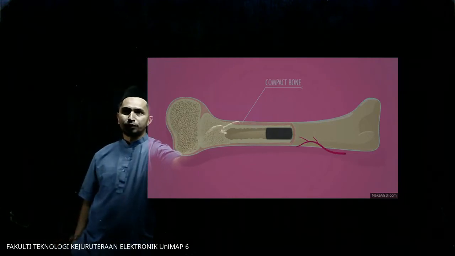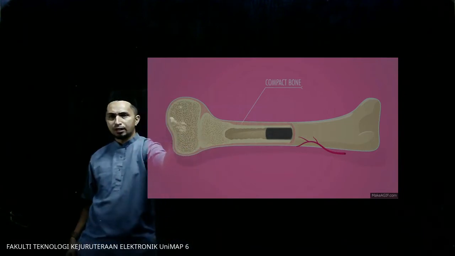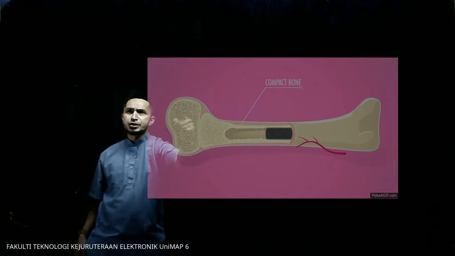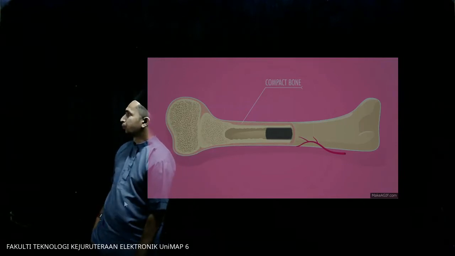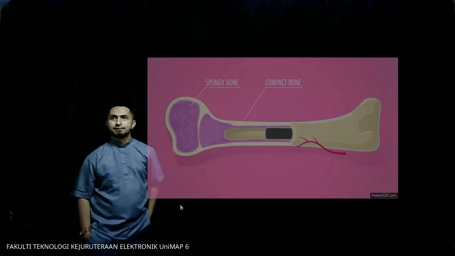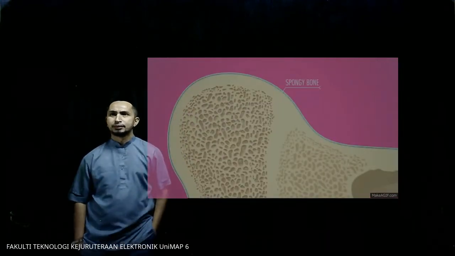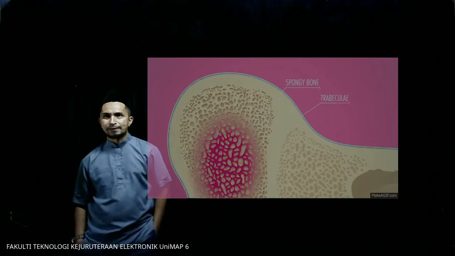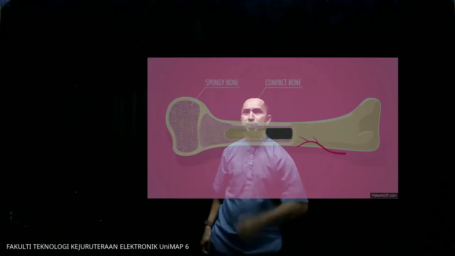This is compact bone. So if you have high porosity over here, this region is trabecular bone, or spongy bone. Sama. The solid one is cortical bone, or compact bone.